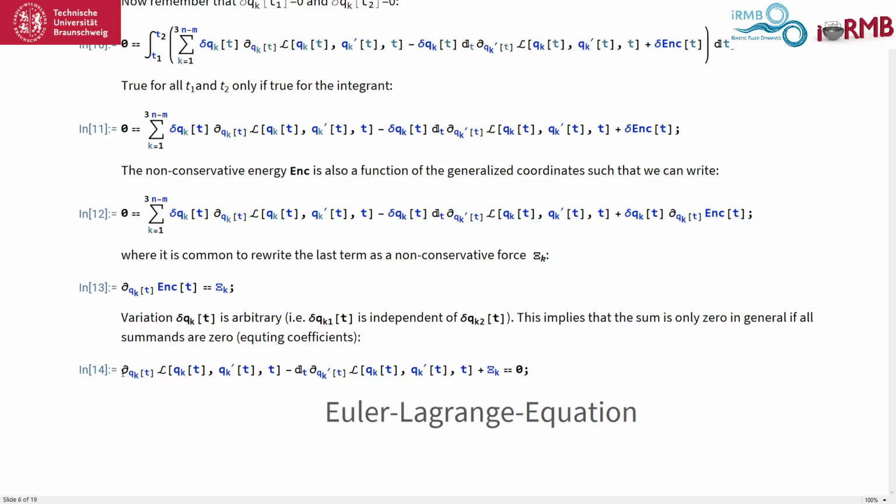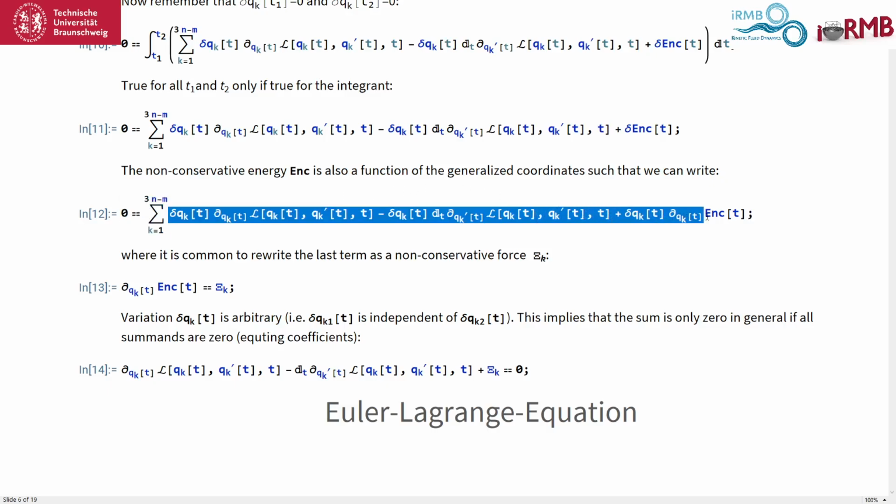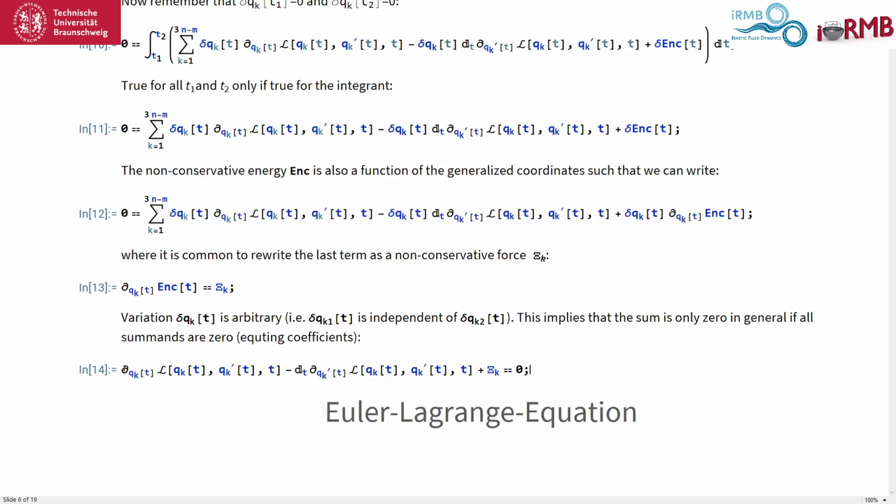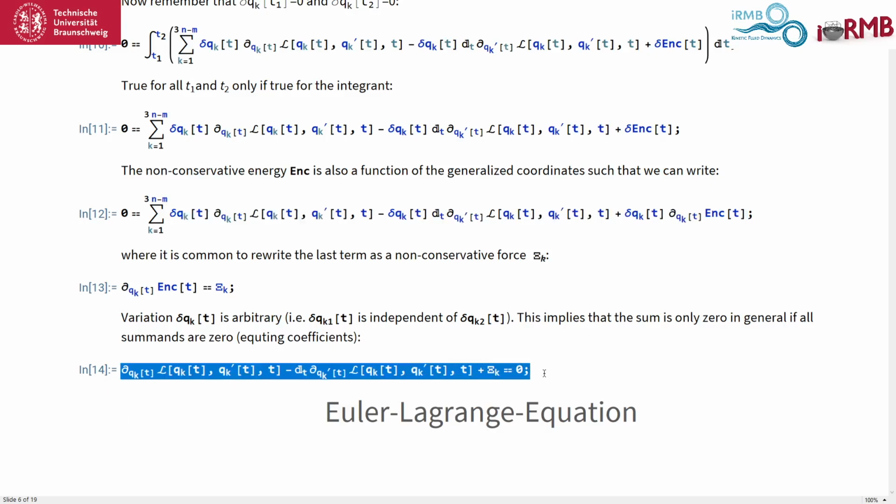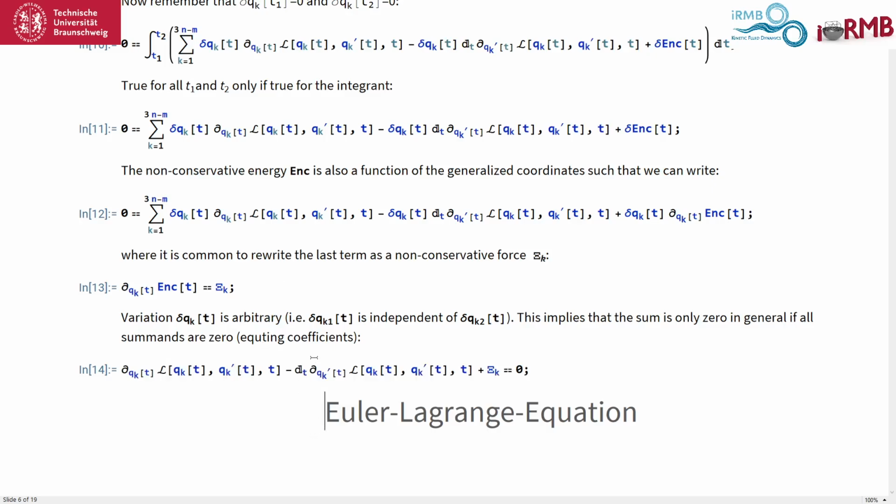What we are left with is taking all of this out of the sum and dropping this, because this is non-zero, so the rest needs to be 0. So this is what you are left with, and this is the Euler-Lagrange equation, which looks like this.